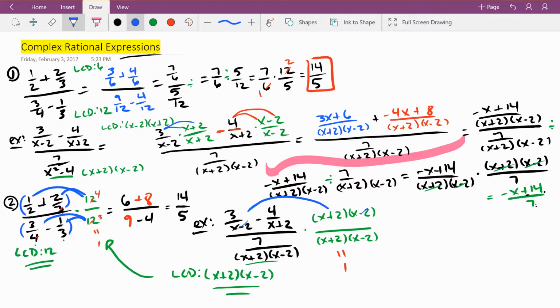So I simply have 3 multiplied by that x plus 2. That's what's left. Minus, when I distribute here, the x plus 2's cancel, so I still have this x minus 2. So minus 4 times x minus 2.